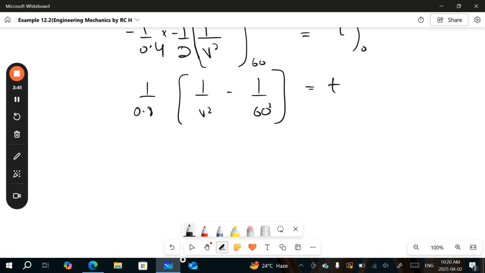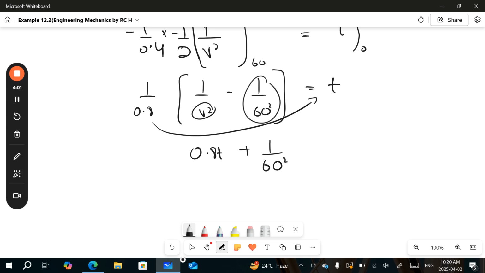Now we have to find this velocity, so we will take the velocity term to one side and all the other terms to the other side. It becomes 0.8 t, plus this term goes to the other side and becomes positive, 1 by 60 squared, equals 1 by v squared.